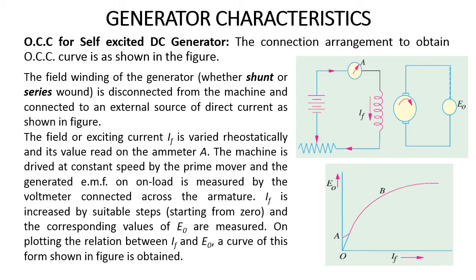The field or exciting current IF is varied rheostatically and its value read on the ammeter A. The machine is driven at constant speed by the prime mover and the generated EMF on no load is measured by the voltmeter connected across the armature. IF is increased by suitable steps starting from 0 and the corresponding values of E0 are measured. On plotting the relation between IF and E0, a curve of the form shown in the figure is obtained.